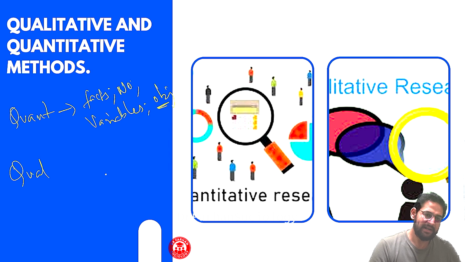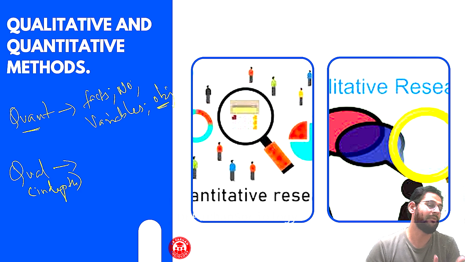But if I ask those students, why have you picked up sociology? Now, this question of why is not just superficial information. Whenever we look at quantification of data, we look at some superficial information. But whenever we are talking about qualitative data, we look at information which has more depth to it.